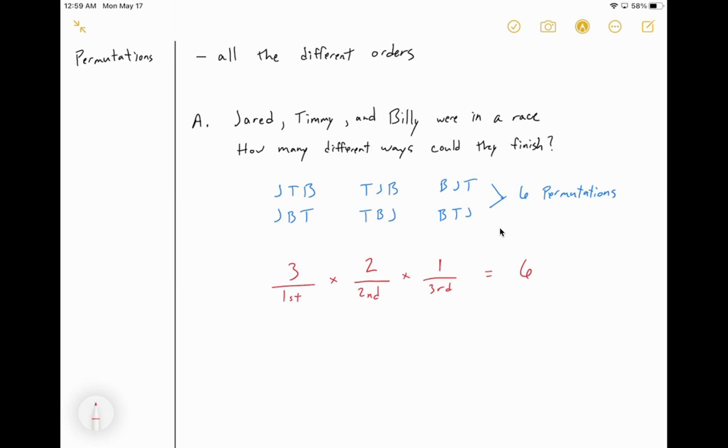So there are 6 permutations. I didn't have to draw them all out. There are 6 different ways that they could all get organized. Let's do another example.